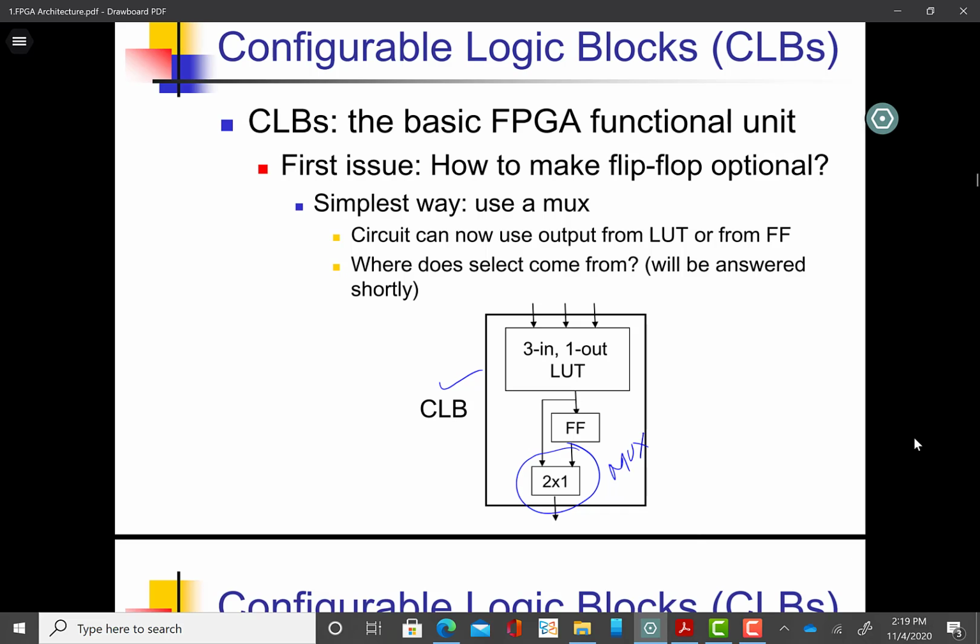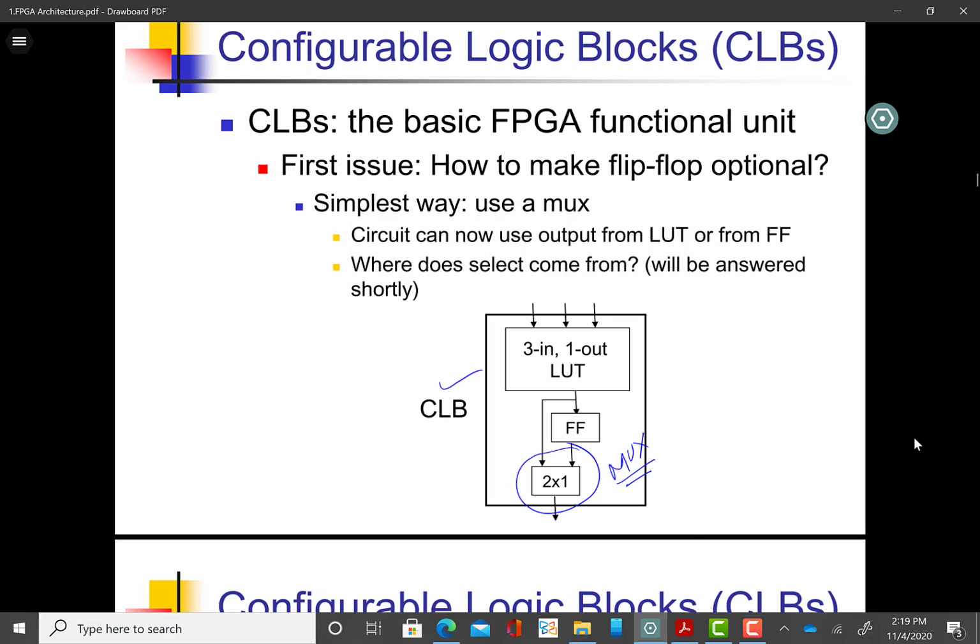So if a user wants, he can use the flip-flop and select the version that is coming from the flip-flop. And if the user wants to bypass the flip-flop, he can do so by selecting the appropriate mux input.